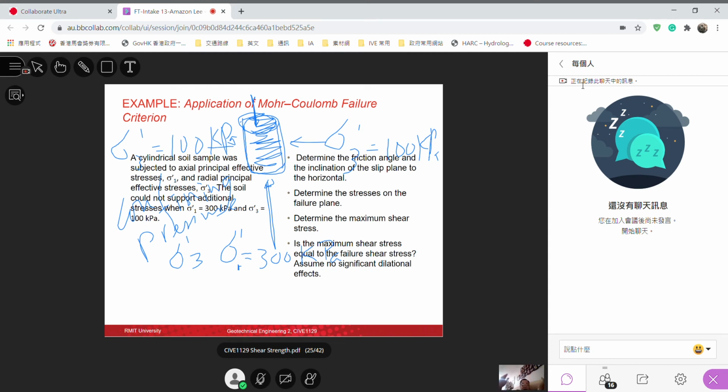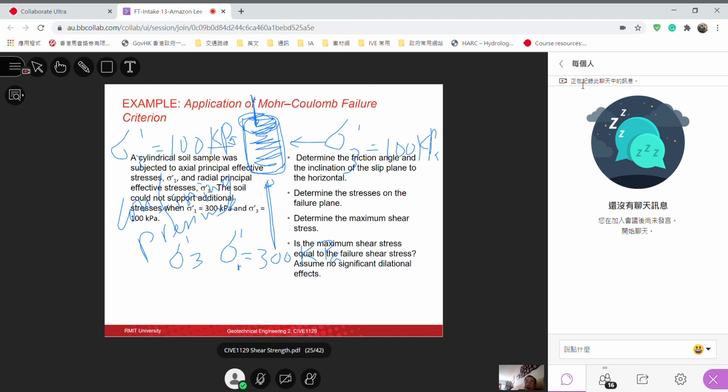At that moment, the soil starts to fail, with vertical effective stress sigma 1 of 300 kPa and confining stress sigma 3 of 100 kPa.